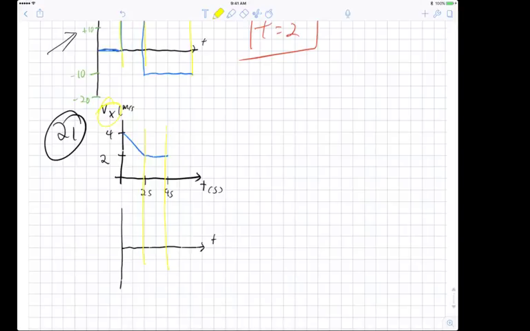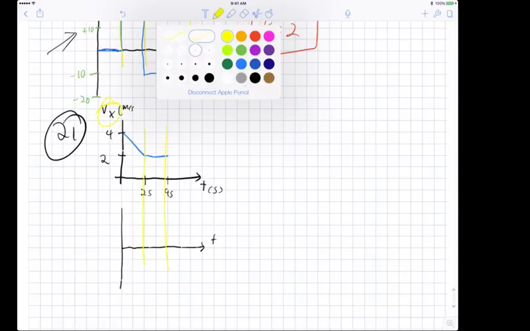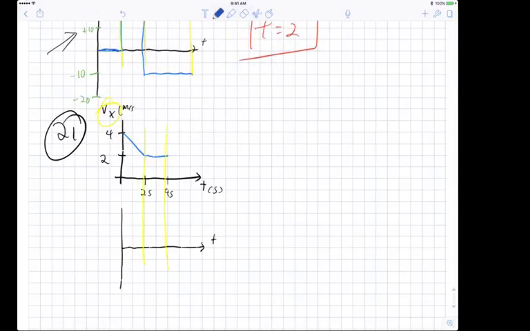Okay, so let's do the calculation. For this one, you go across by 2, and you go down by 2. So delta v is equal to minus 2. Delta t is equal to 2. So minus 1 meter per second squared. And on the second one, delta v is equal to 0.